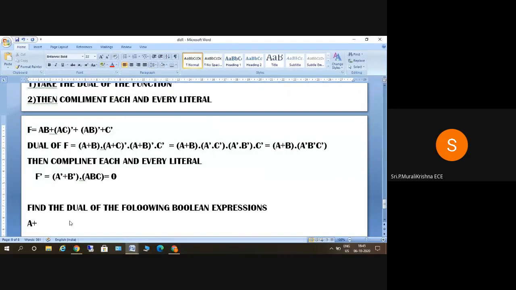So A plus AC whole bar plus AB bar into C plus B. To find the dual of this, so interchange plus with dots and dots with plus. So only find the dualities here.